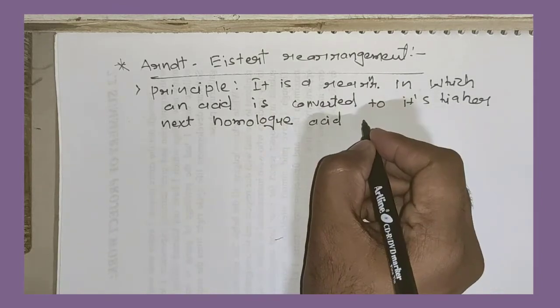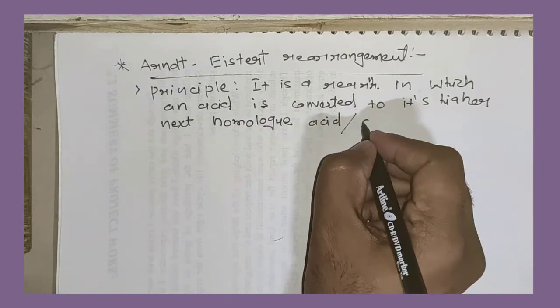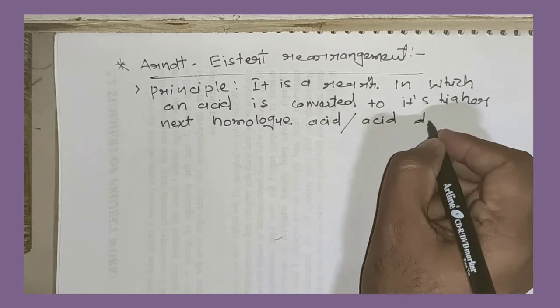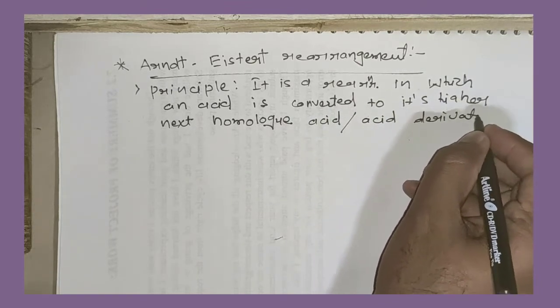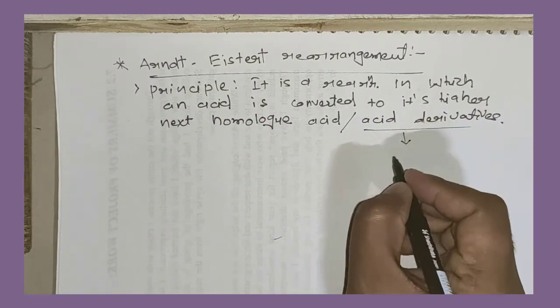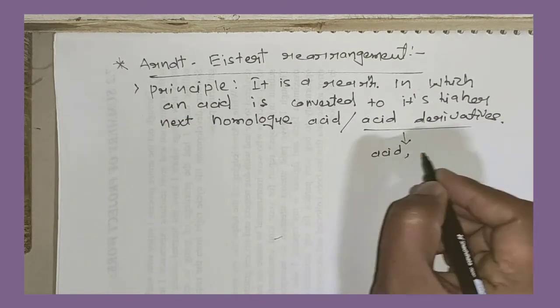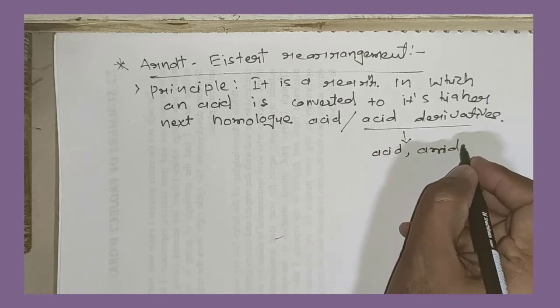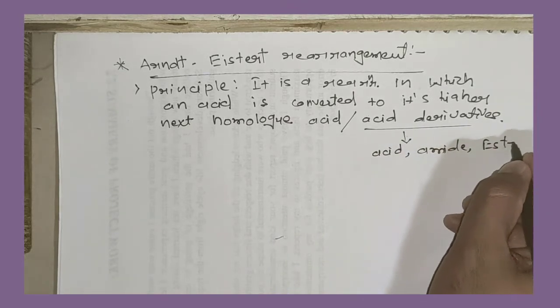Acid, or we can say acid derivatives. Acid derivatives means it may be itself acid, it may be amide, it may be ester.